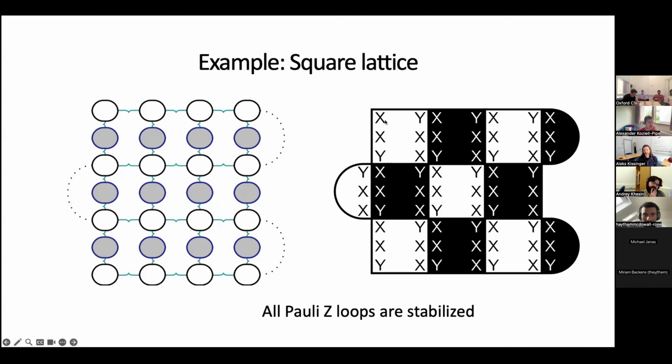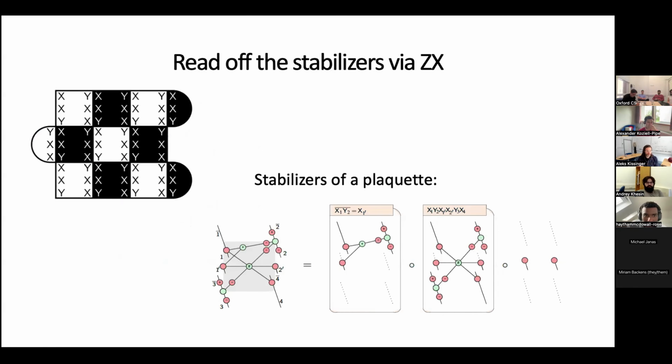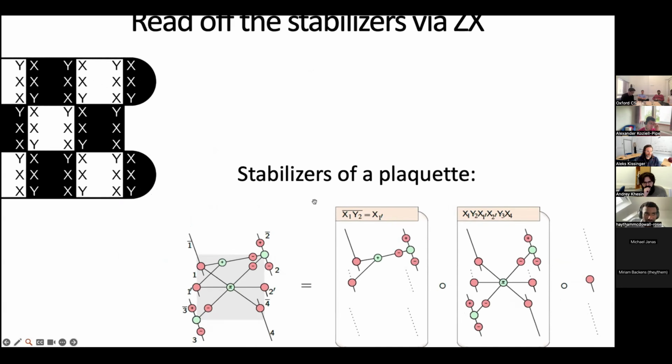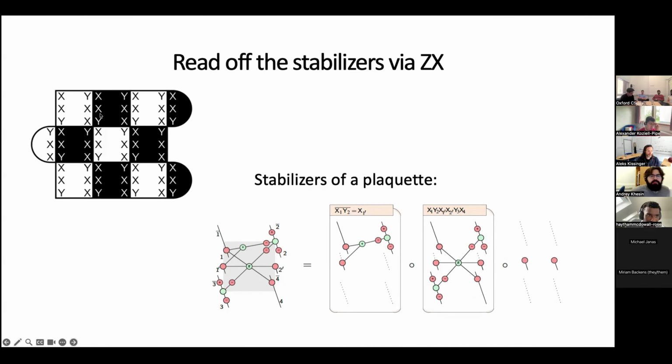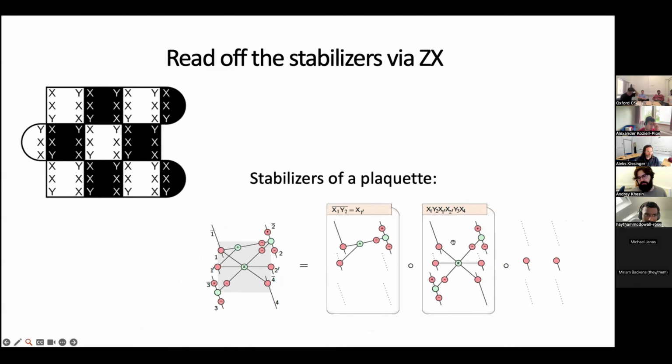So let's look for a moment at this slide here. You can read off the stabilizers of this diagram by looking at these plaquettes. If you look at the squares X, Y, X, X, Y, X, and the way these qubits are numbered, 1 bar, 2 bar, 1, 2, 1 dash, 2 dash, this has the exact same stabilizers that you can read off of this diagram.